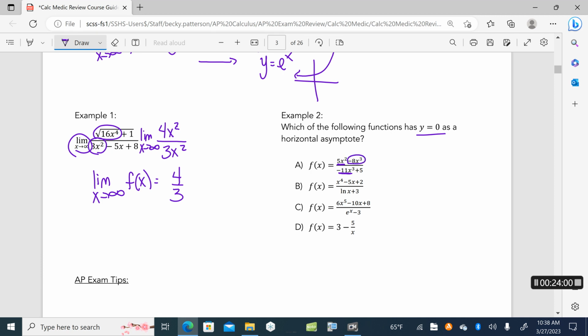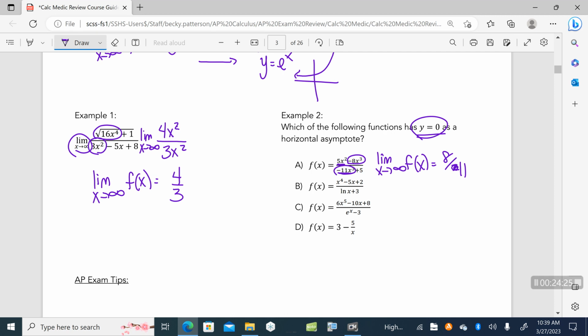You have to look at the highest power's leading coefficient. So these two degrees are the same, so the limit as x heads to infinity of f of x is going to be 8 over 3. No, 8 over 11, sorry, because the degree is 3 on the top and the bottom. So not headed to y equals 0.